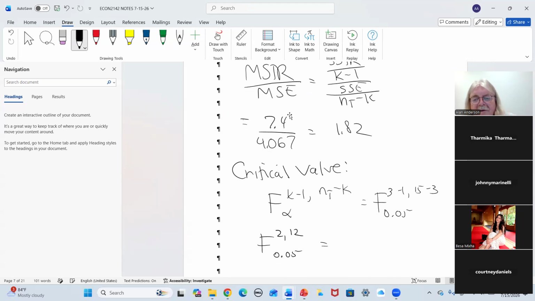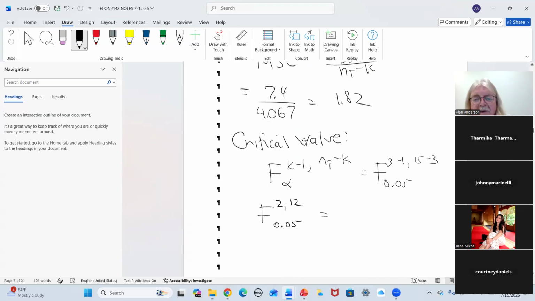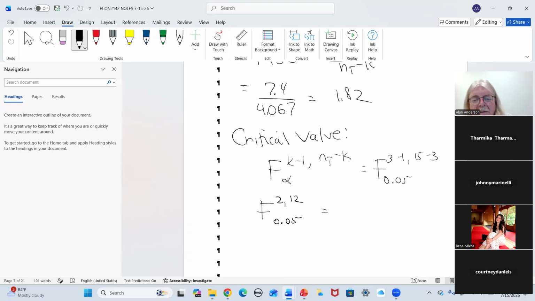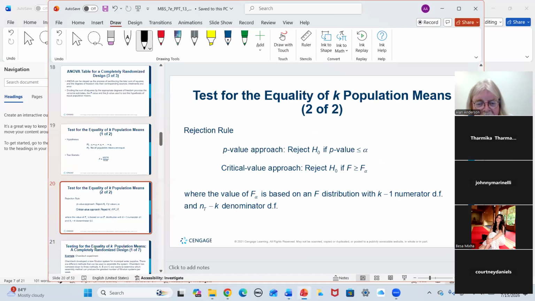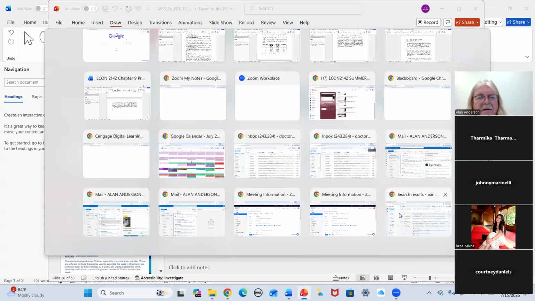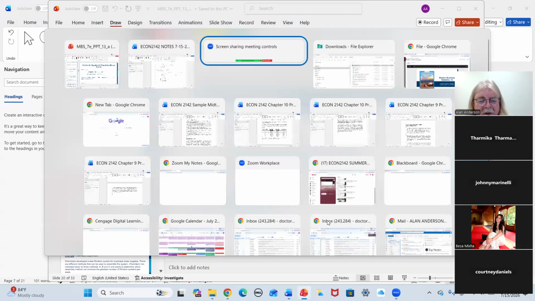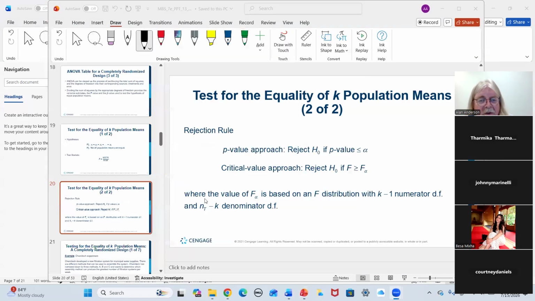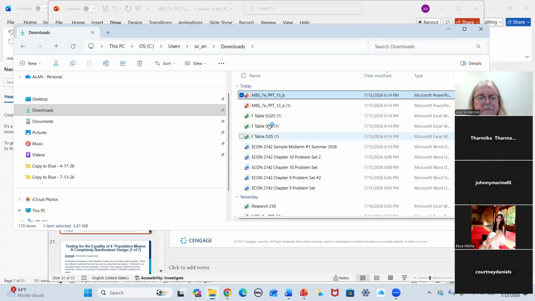Now, here's where it gets interesting. In order to look this up in a table, we need an entire table for this alpha. So I've got three of them open here that are in Blackboard, but now I don't see them. I actually did have them open. I don't know what happened. Oh, here they are.